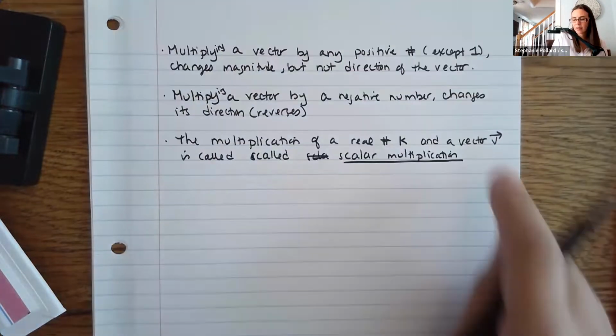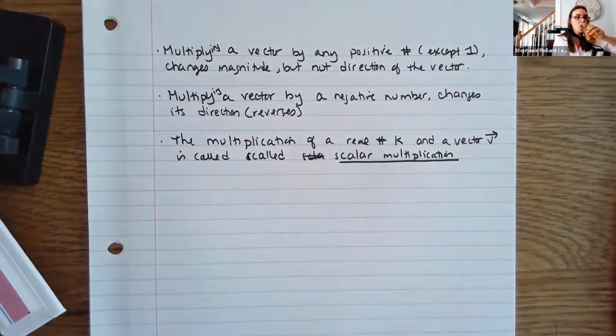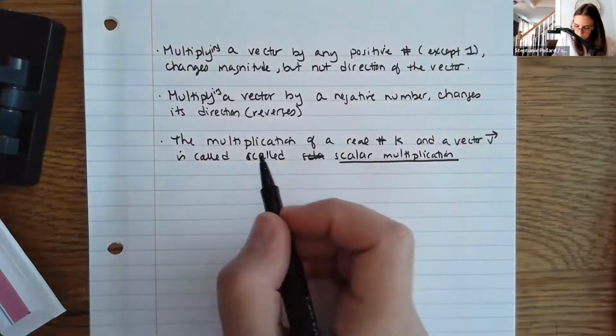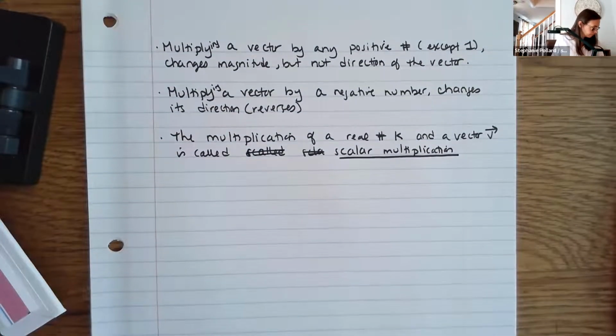And when I write the word vector, I don't really need the line on top, so I should clarify that. I'm just being a little redundant there. All right, it's called scalar multiplication.